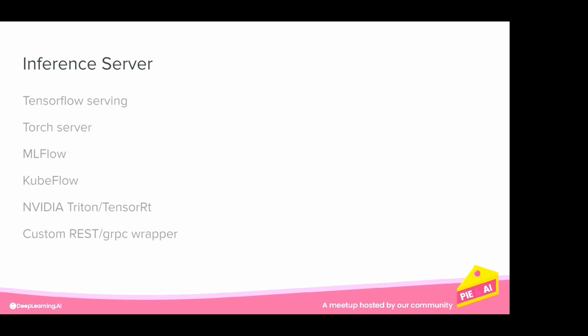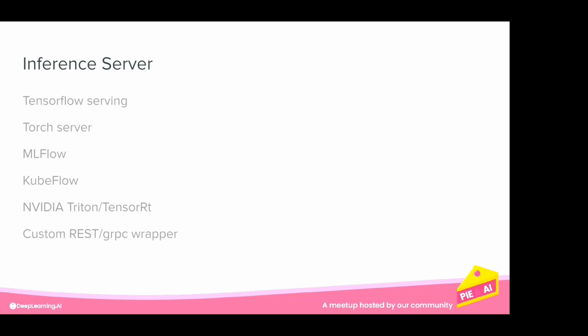Inference server is where you host your models. Your model is probably a bunch of TensorFlow or PyTorch networks with checkpoints. You want to give the data and get a prediction result out of it.